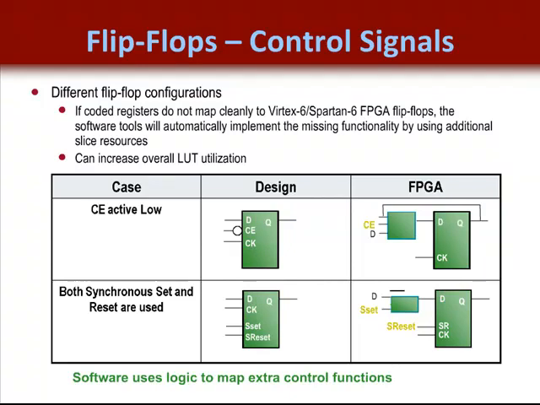This may cause an extra LUT to be inferred depending on the logic inferred on the LUT already. Likewise, the lower example shows both synchronous set and reset signals being inferred. Since there is only one set reset port, one of the signals will have to be driven to a LUT input to get the desired behavior. In this case, the synchronous set was chosen by the synthesis tool to drive a LUT input.